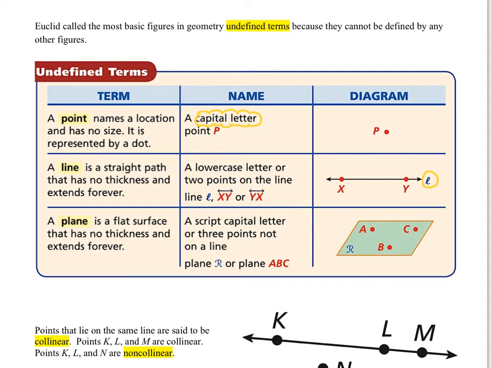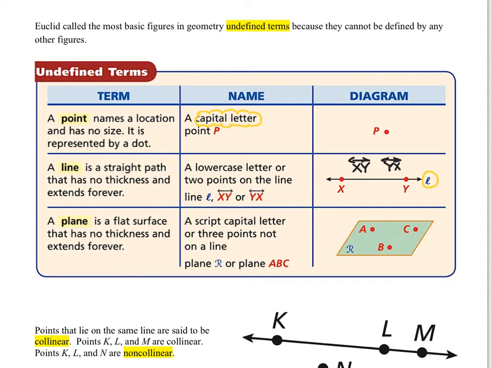The line in our diagram can be known as line XY, with the line symbol on top of the 2 point names, or it can also be known as line YX. Any 2 points that are on that line can name the line, and it must have the line symbol above the 2 point names.